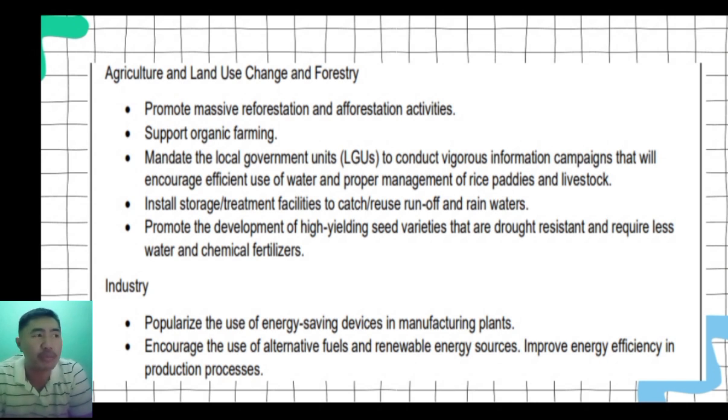And of course, mandate the local government units to conduct vigorous information campaigns, because our agriculturists, our farmers, don't have enough knowledge in that kind of situation.